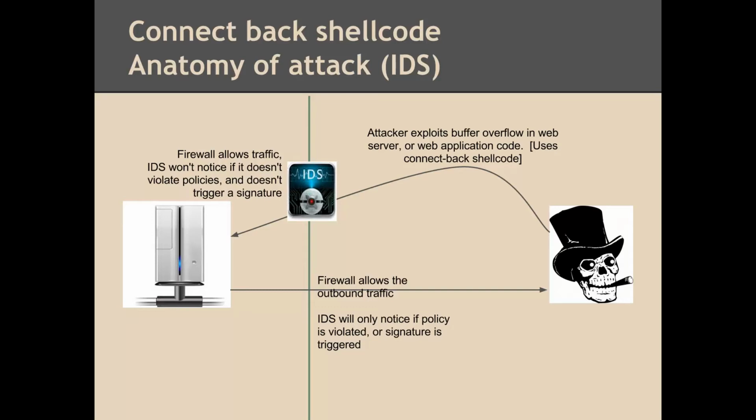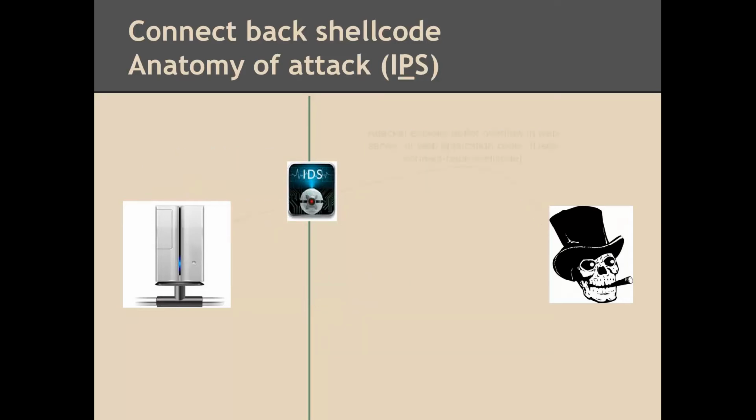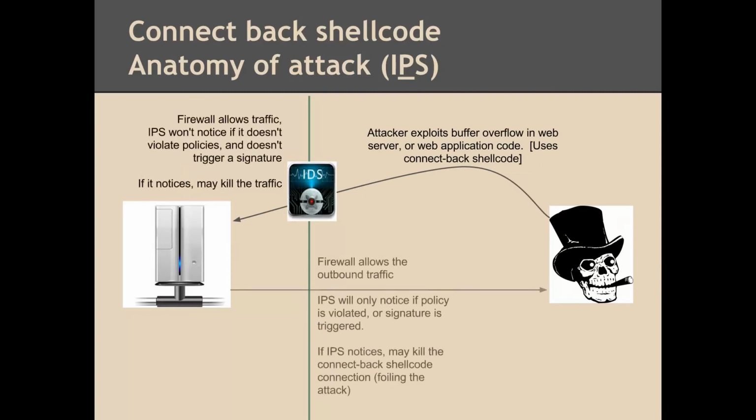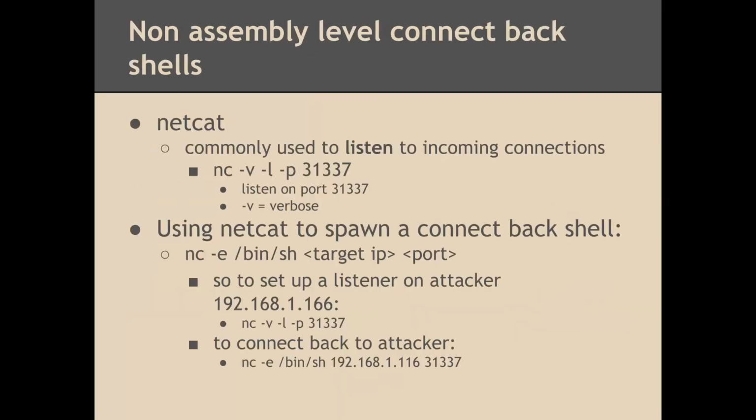The IDS would only notice if the outbound traffic violated some form of policy, or if a signature was triggered on the outbound traffic. An intrusion prevention system is very much the same, but if at any point it triggers a signature, it may kill the traffic at that stage.